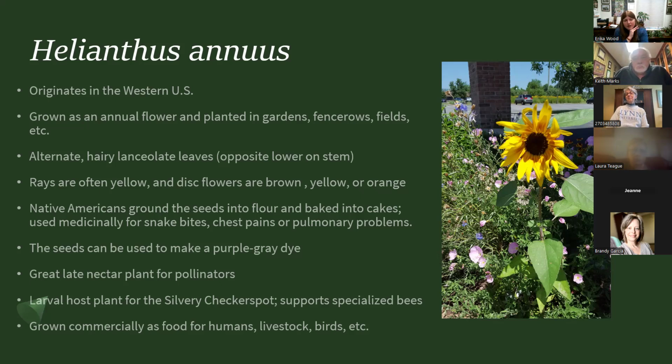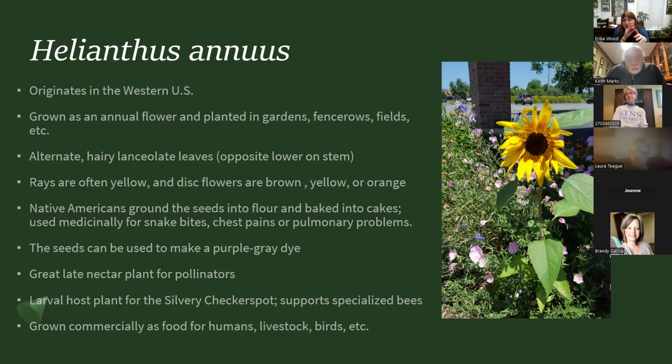Now, when it comes to other aspects of this plant, we use this, of course, in food production with the seeds, and we can make oil from the seeds. A lot of people might eat it almost like a peanut butter too. They'll use a sunflower butter for meals. Native Americans would grind the seeds up into a flour and bake them into a type of cake.